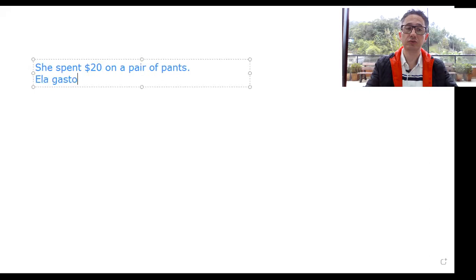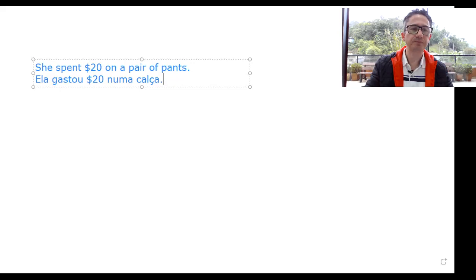Ela gastou $20 on a pair of pants, numa calça, okay? Numa calça. Because pants is plural, so a pair of pants é uma calça, okay?